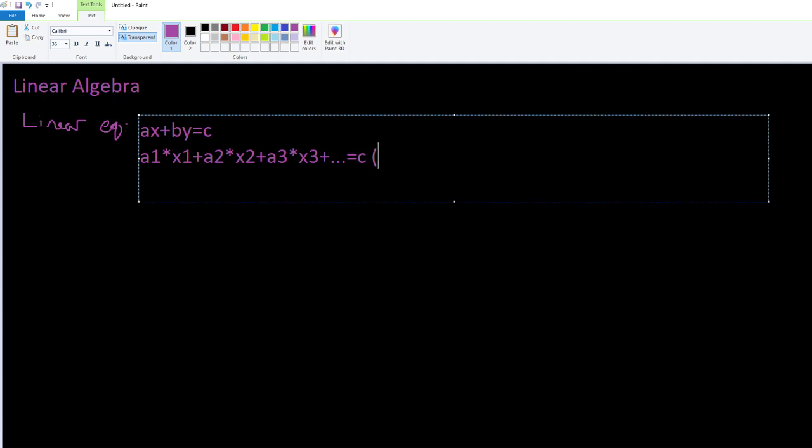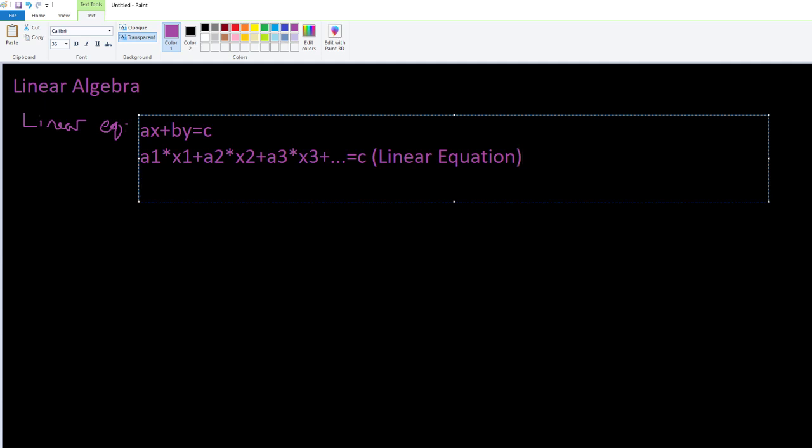So this is a linear equation, in case my writing here is pretty messy. Here is a subscript: a subscript 1 times x subscript 1 equals this, and then you can have as many variables as you want, and it's equal to a constant. The constant can be 0 or it can be any real number.